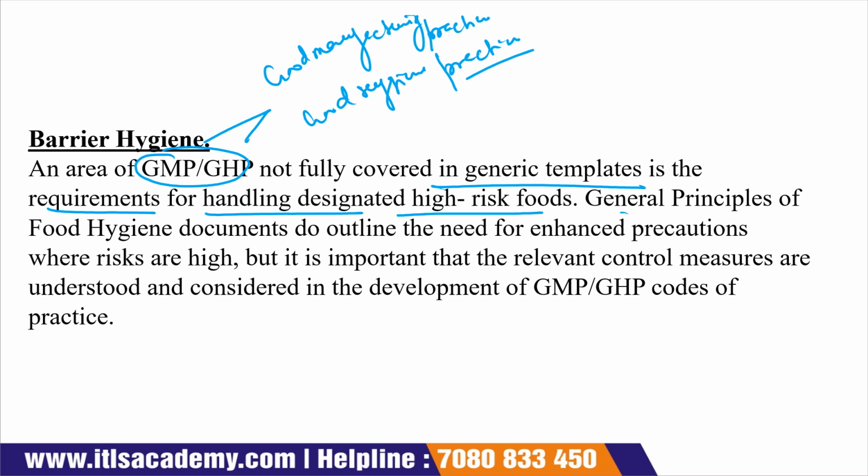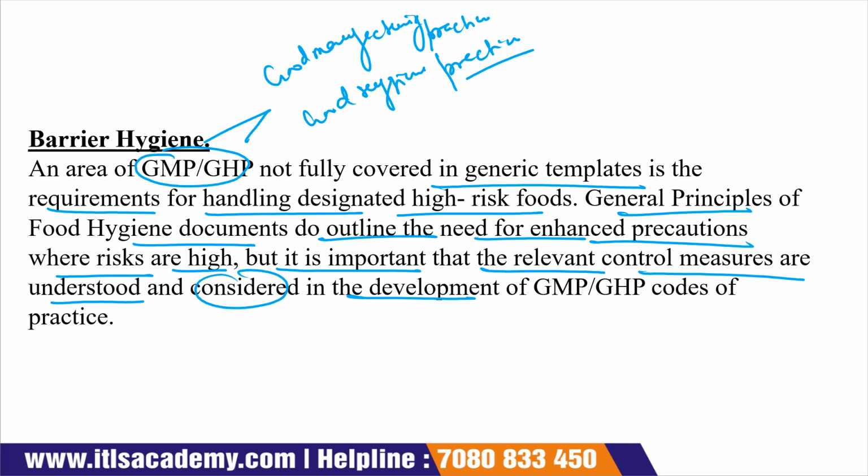The general principles of food hygiene document outline the need for enhanced precautions where risks are high. But it is important that the relevant control measures are understood and considered in the development of the GMP and GHP codes of practice.